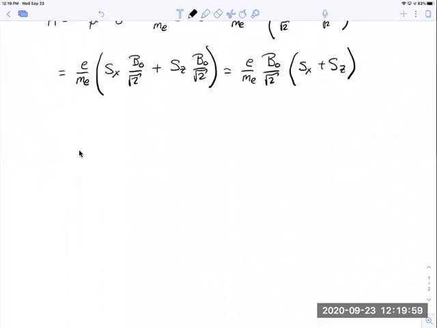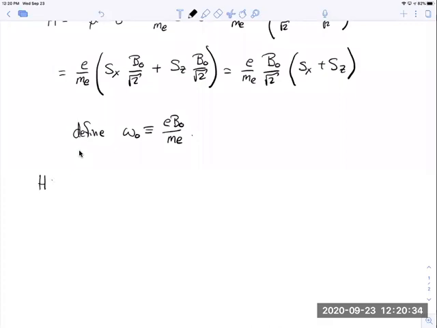I know what these are, which is a good thing. First let us define omega naught as equal to e B naught over m sub e, just like we did in problem 3.14.